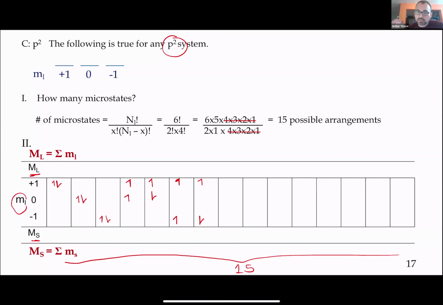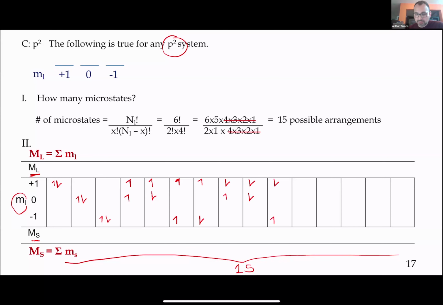But now what I'm going to consider is, well, what about +1 paired down? What do I have then? Well, I'm going to do this one paired down, and then the 0 paired up. The next one, this one paired down, and the 0 paired down as well. And that's it for those 2. Well, I can still consider paired down for +1, but put the other electron in the -1, so here, okay?